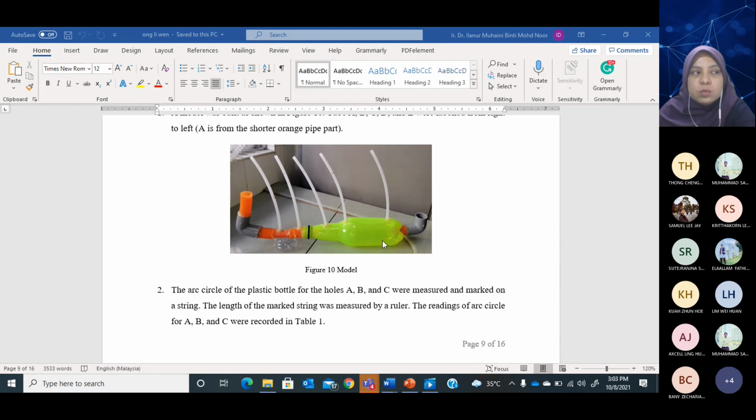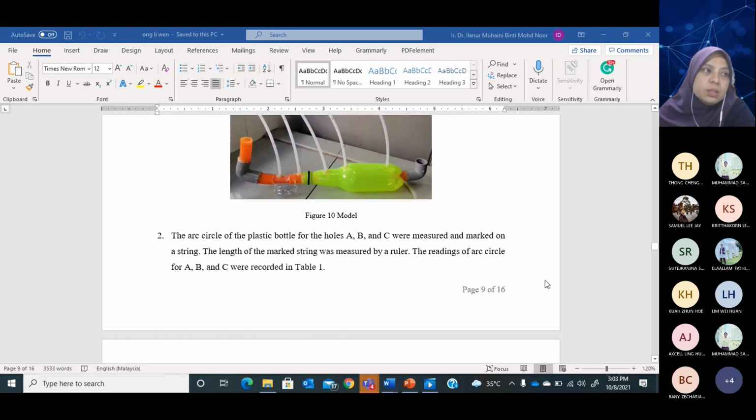If your object is curved, a ruler is not so accurate. So better you mention measuring tape instead of ruler. A ruler is not so professional for an engineering science subject. The readings of the arc circle are recorded in table 1.